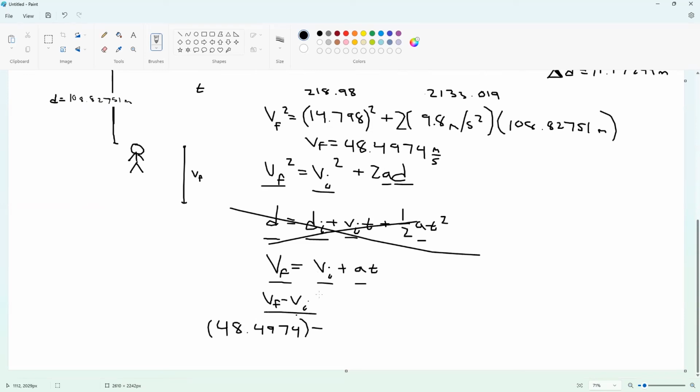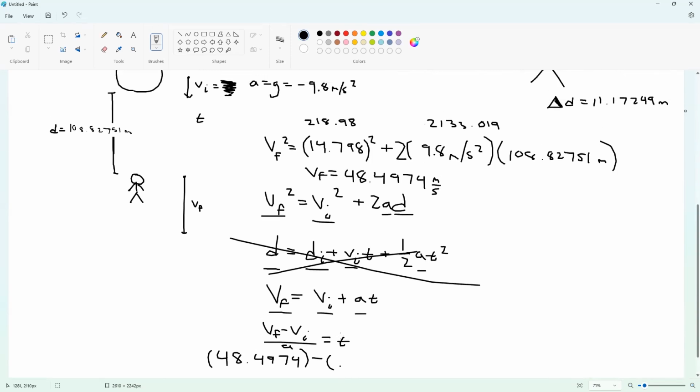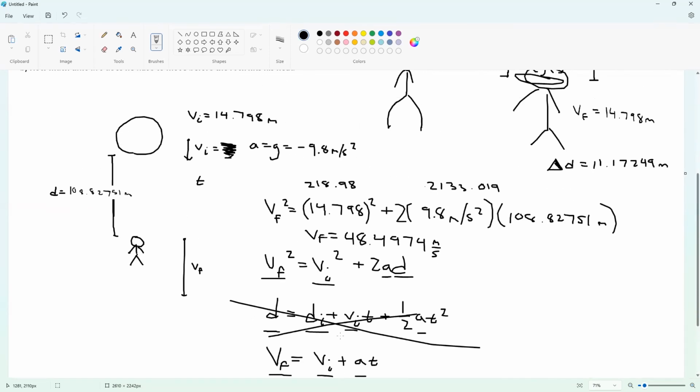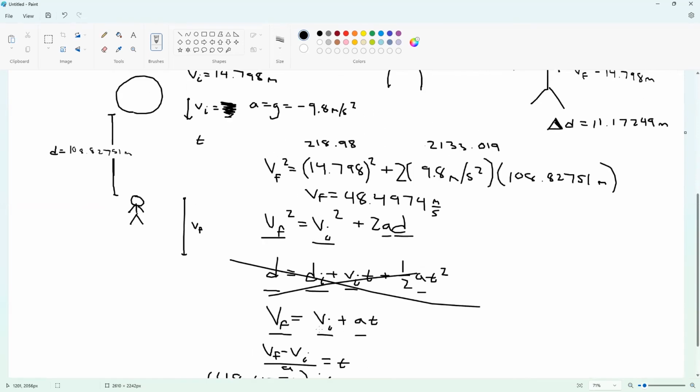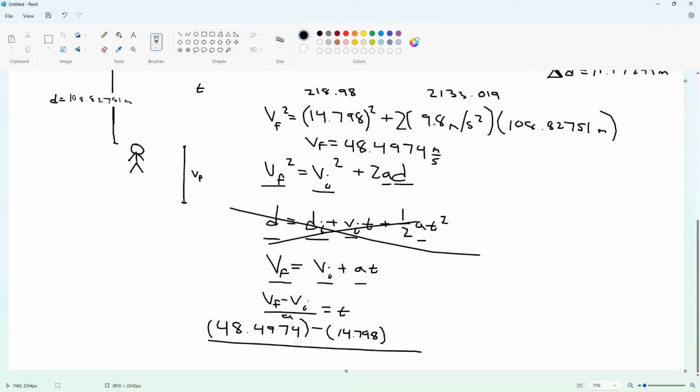Final velocity minus initial velocity divided by our acceleration is equal to the time. So our final velocity, which is this, minus our initial velocity, which is 14.798, divided by the acceleration, which is negative 9.8 meters per second squared.